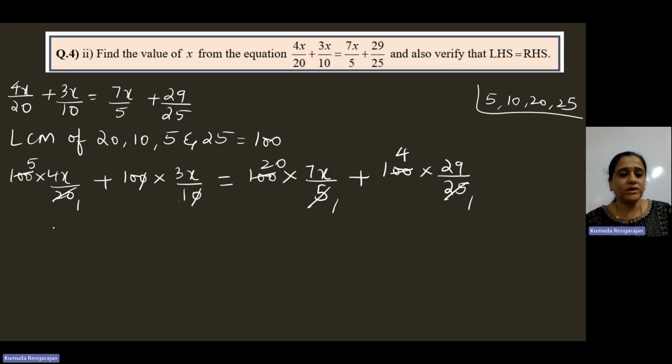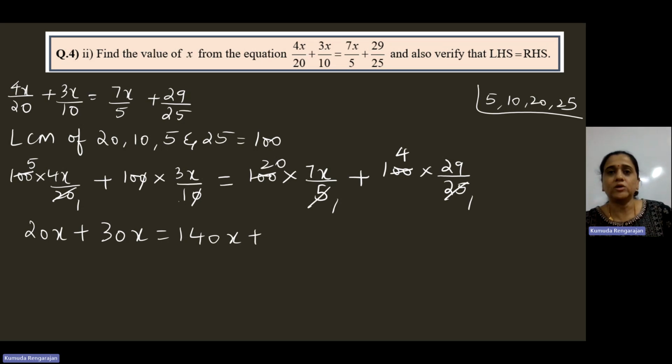Now 5 into 4x is 20x plus 10 into 3x is 30x is equal to 20 into 7x is 140x plus 4 into 29, 9 fours are 36, 3 carried over. Correct?